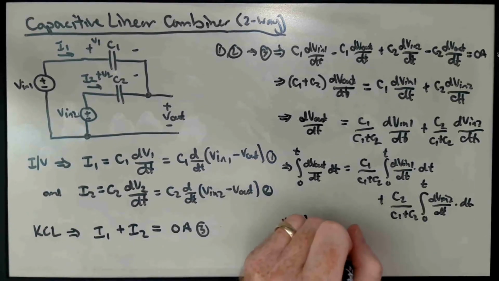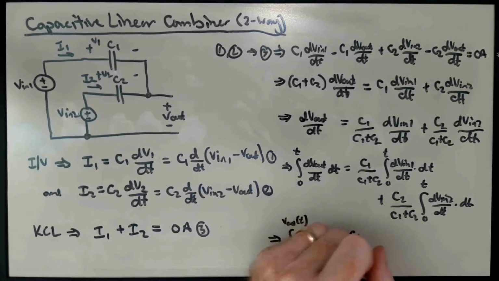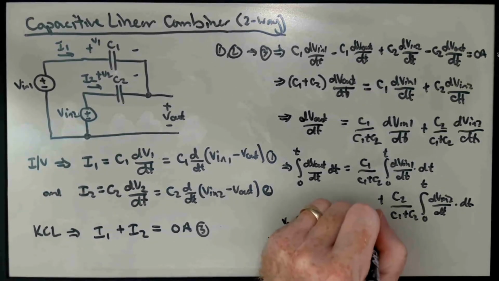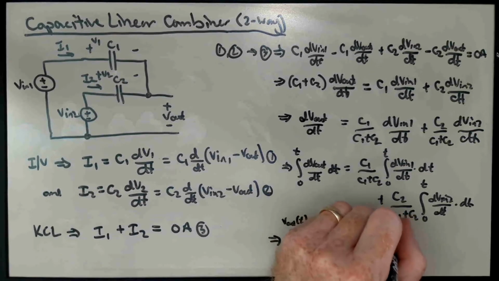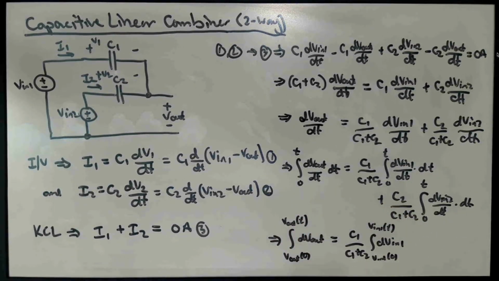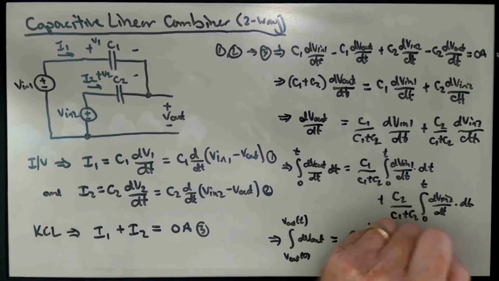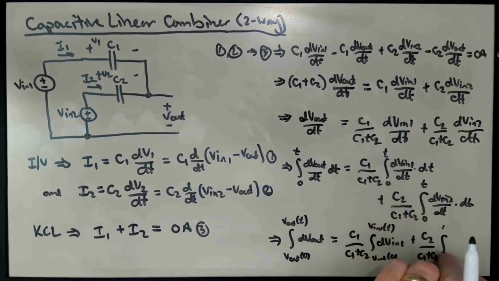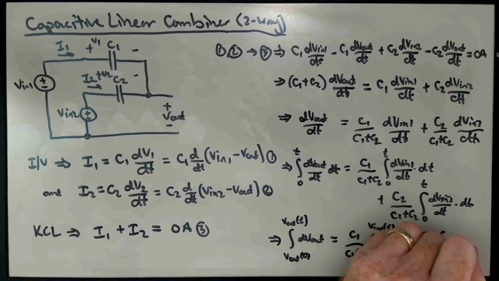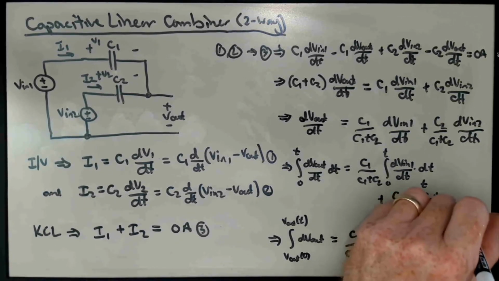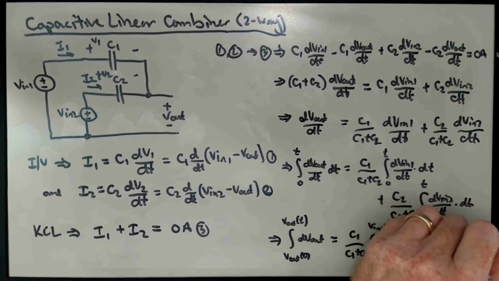And that's equal to C1 over C1 plus C2 times the integral from V in 1 of 0 to V in 1 of t of dV in 1, plus C2 over C1 plus C2 times the integral from 0 to V in 2 of t of dV in 2.